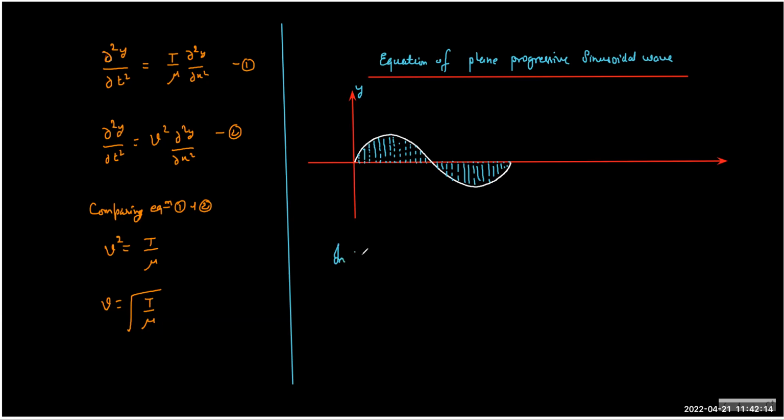So in case of plane progressive traveling wave, plane progressive wave, amplitude remains constant. So every particle will eventually go to the same displacement or will suffer the same amplitude in the subsequent motion, no matter which particle you choose. So everyone will have the same amplitude. So A is a fixed value. If it is plane progressive, that's the property.